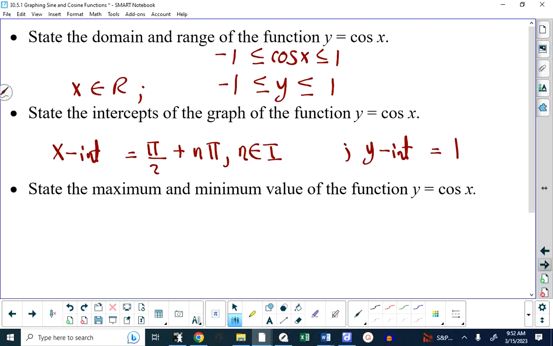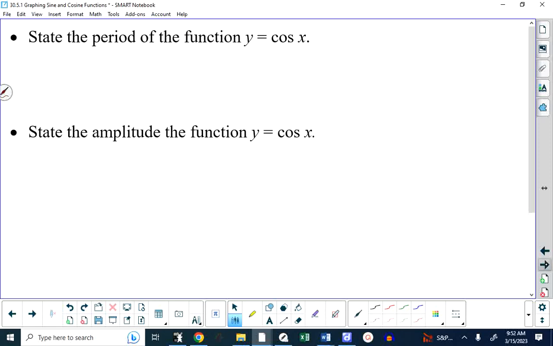Maximum and minimum values of y. The maximum value of cos x is 1. The minimum value is -1. I've already established that the period is still how long it takes to go through one complete cycle, and that's still 2 pi.